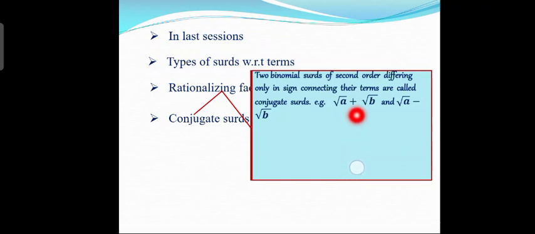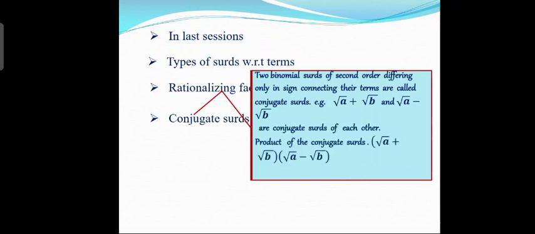But observe, here the connecting sign is plus and here it is minus. So whenever two binomial surds of second order differ only in the sign connecting their terms, they are called conjugate surds. So these are the conjugate surds.